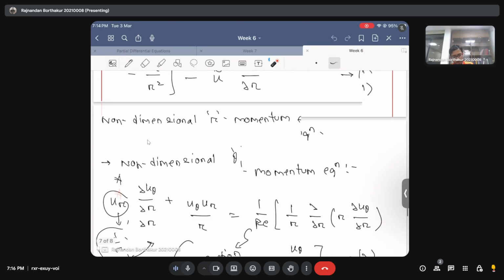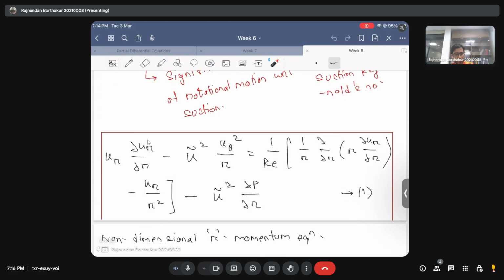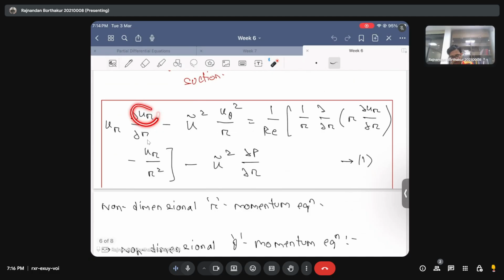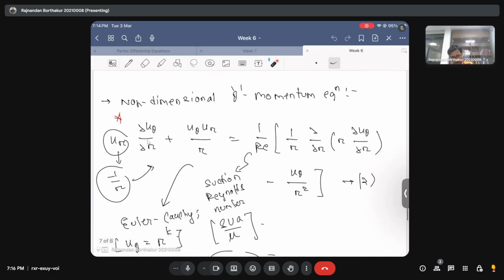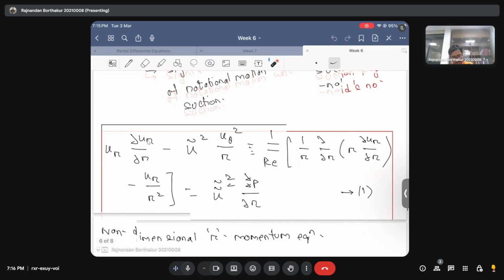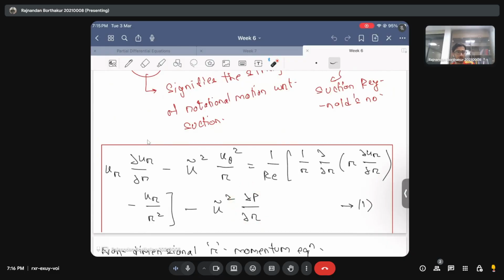But I hope you realize that this is where we encounter a little setback, because apart from U_r and U_theta appearing in equation 1 and equation 2 being unknowns, we also have a pressure term appearing in the r momentum equation, which is also an unknown. Okay, so there are three variables, which means we also require one more equation, which will come from the continuity equation.